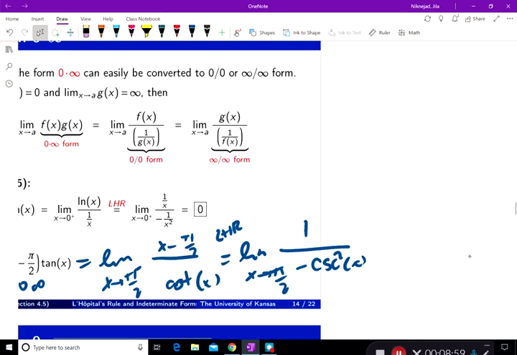And so now cosecant squared at pi half is 1 over sine squared of pi half, and sine squared of pi half is 0. So I'm going to get 1 over infinity, but that is a determinate form, and it's going to be also 0.